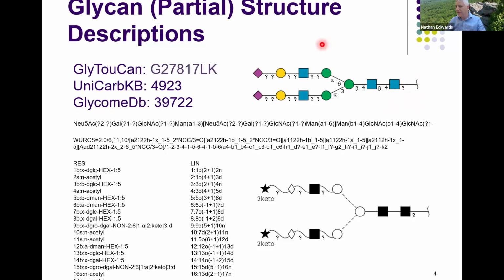This description of the potential glycan structures represented is more broad. It allows more structures to be described, but it's also a way of being more precise about what we know and what we don't know.